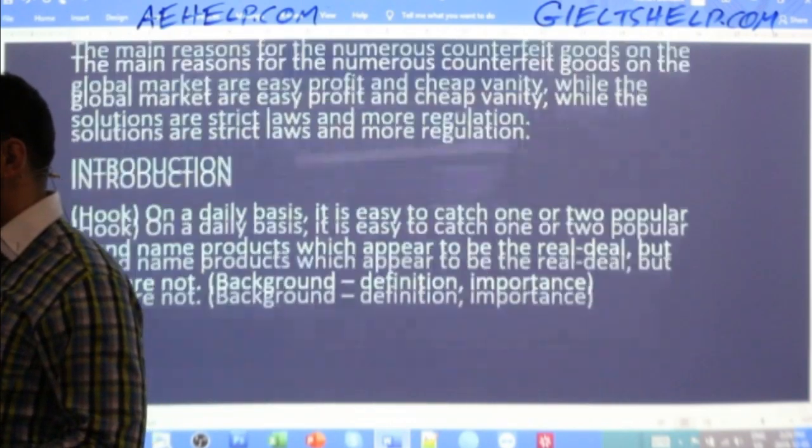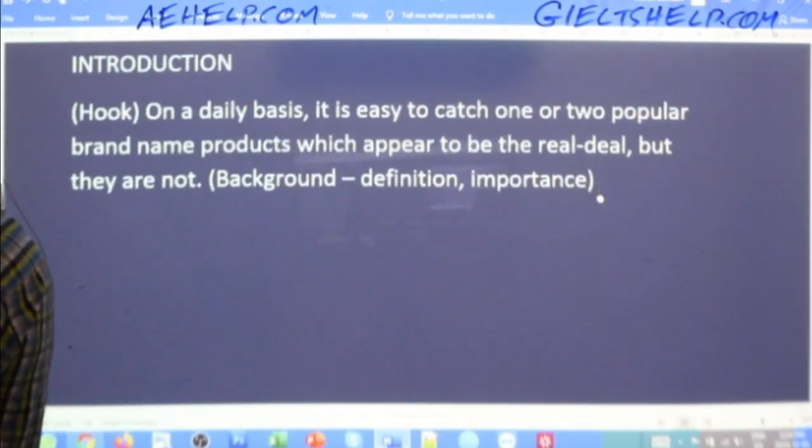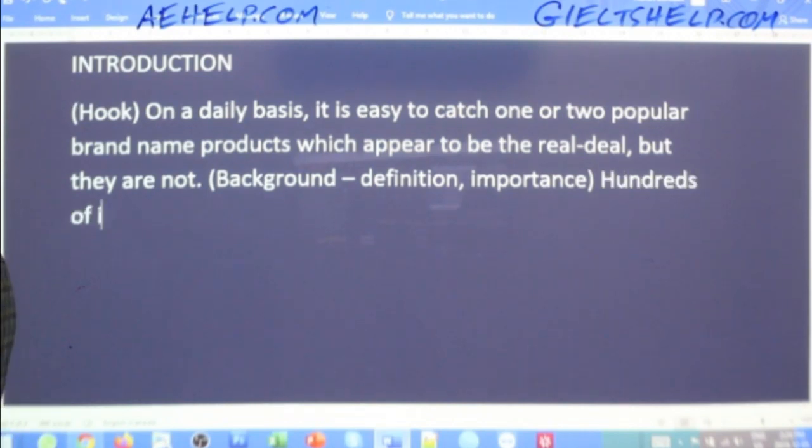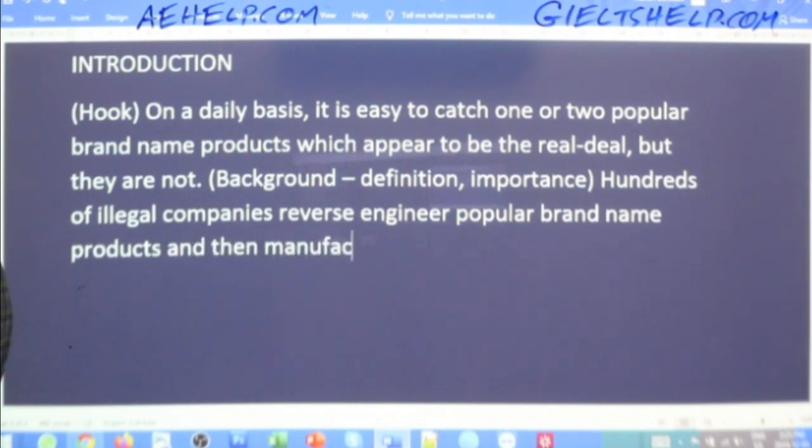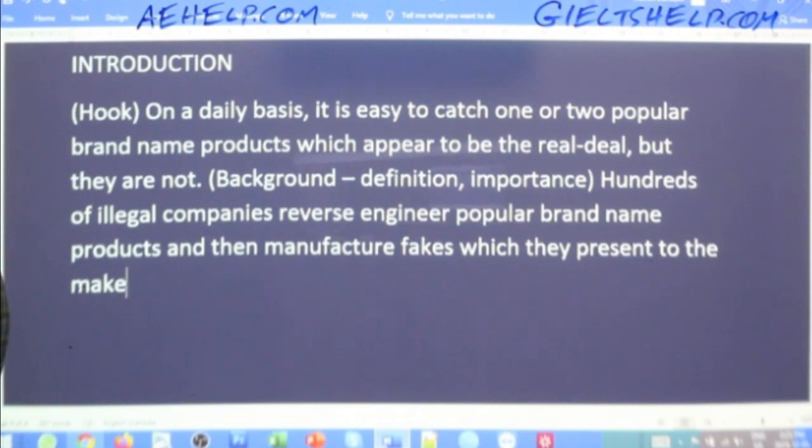Okay, so hundreds of illegal companies reverse engineer popular brand name products and then manufacture fakes which they present to the market as the original.